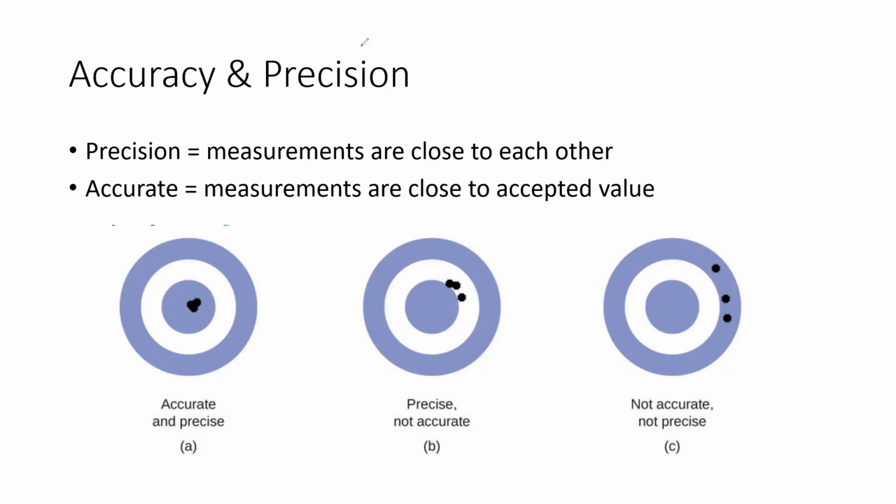And with this, depending on if we're doing an experiment or something like that, do you think it would be better to be precise but not accurate, or accurate but not precise? So the red X's that I just got rid of, do you think it'd be better to have that as the data set that you collected, or something like B? Obviously, this would be the ideal. Everything agrees with each other.